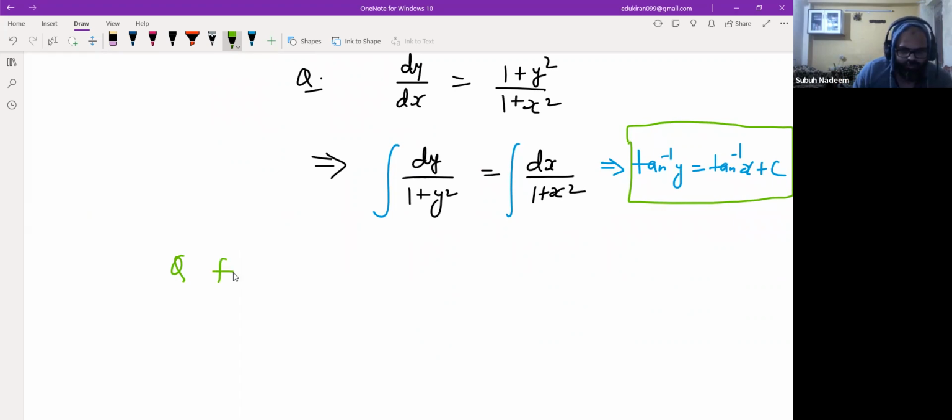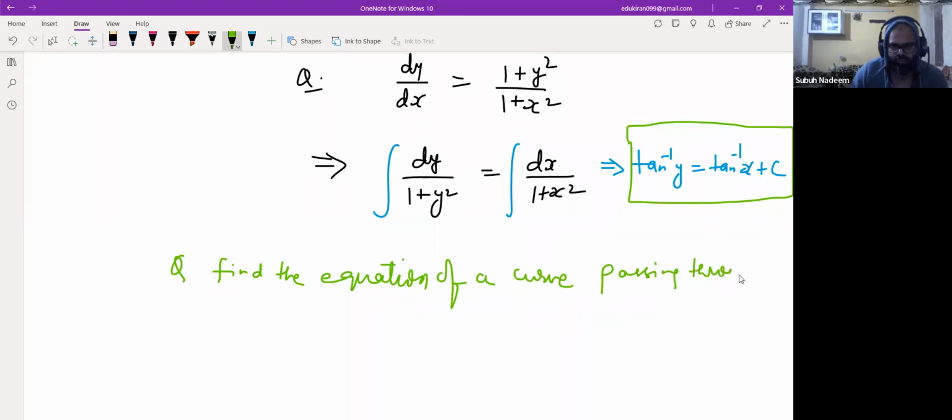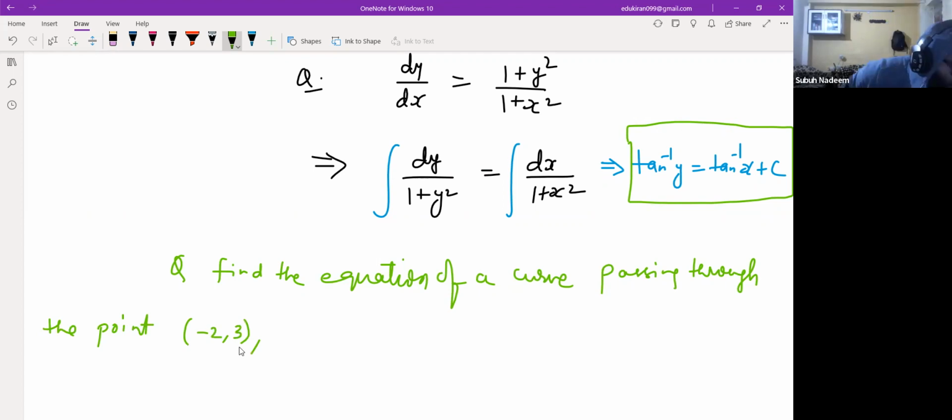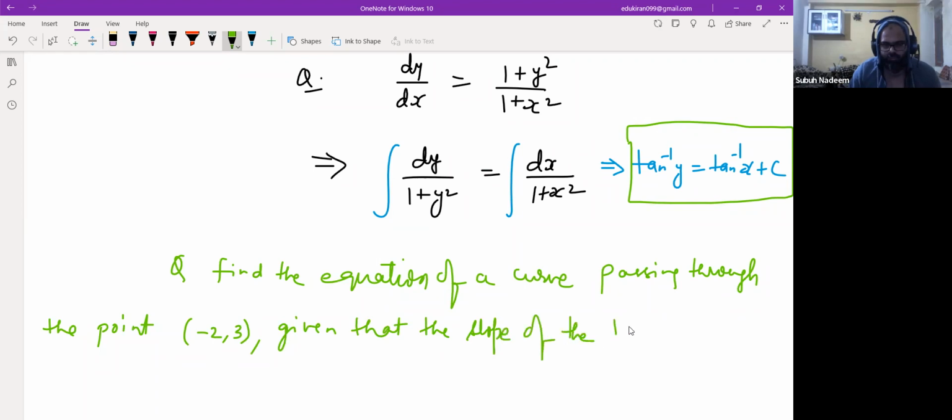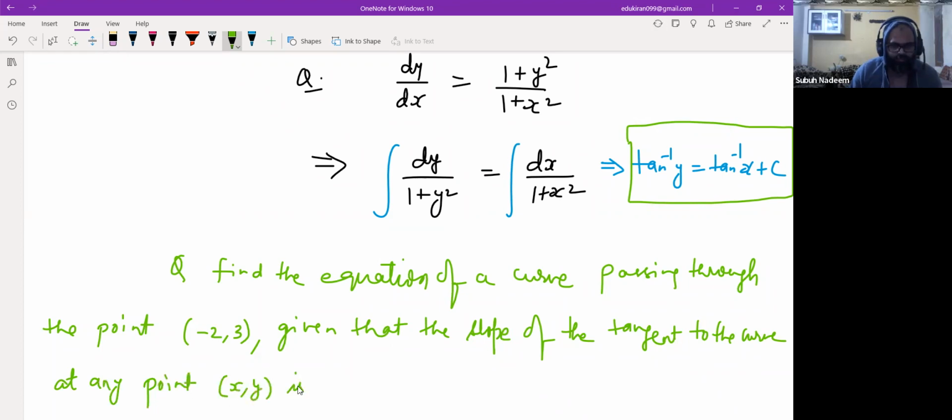Find the equation of a curve passing through the point minus 2, 3, given that the slope of the tangent to the curve at any point xy is 2x by y square.